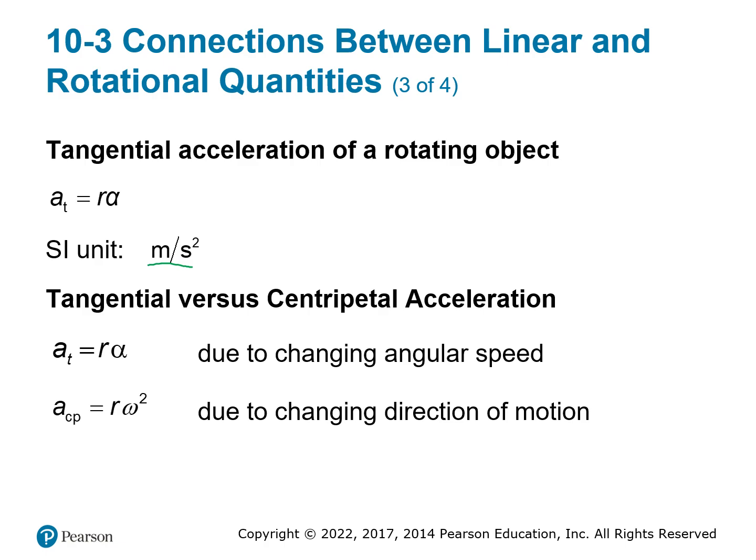And then this is just comparing the two. So tangential is just due to a changing angular speed, right? This is on the outside of your circle. It's tangent to the path. Centripetal is due to the changing direction of motion. So it's pulling towards the center.